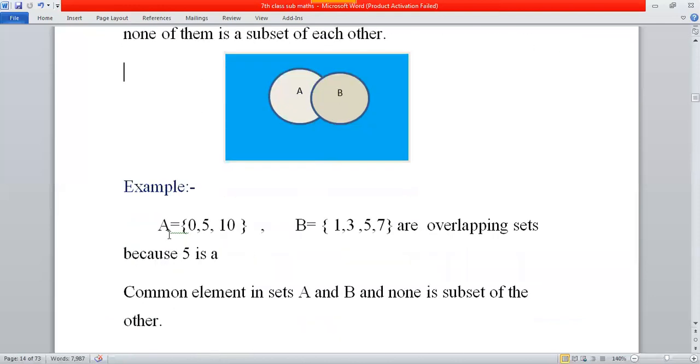Look at the example. We have given set A as {0, 5, 10} and set B as {1, 3, 5, 7}.